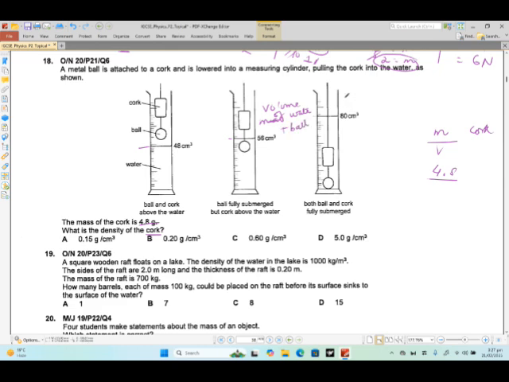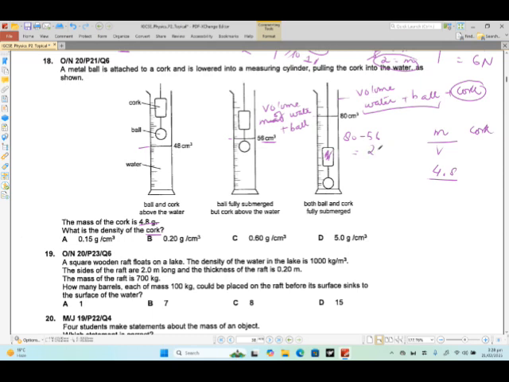And this one gives you the volume of water, ball and cork. So in order to find the volume of the cork, we have to subtract the volume of water and ball. So this is the volume of water and ball. So 80 centimeters cube minus 56 centimeters cube would be the volume of the cork. This is the cork. ठीक है जी?